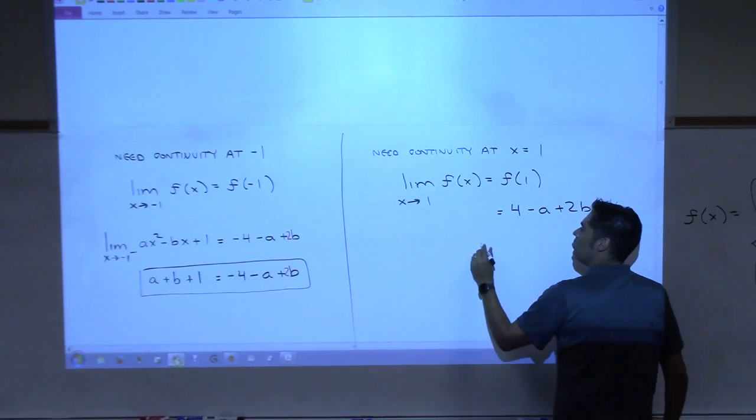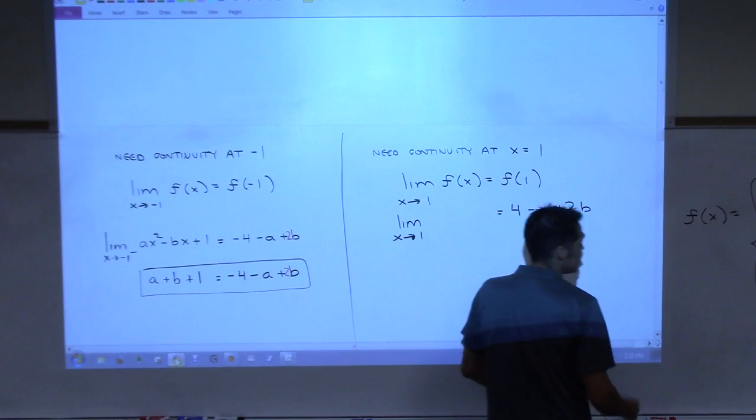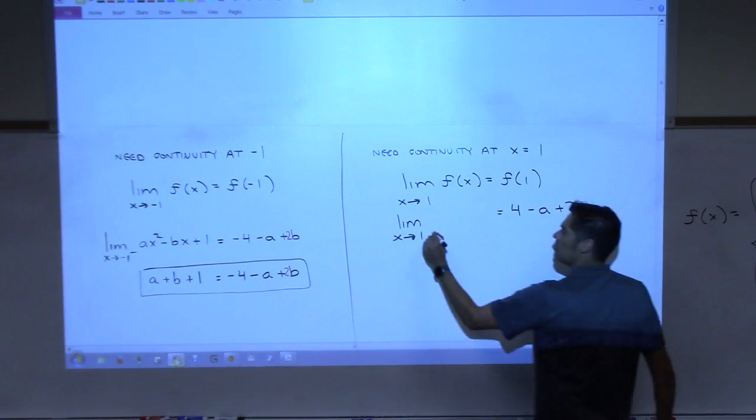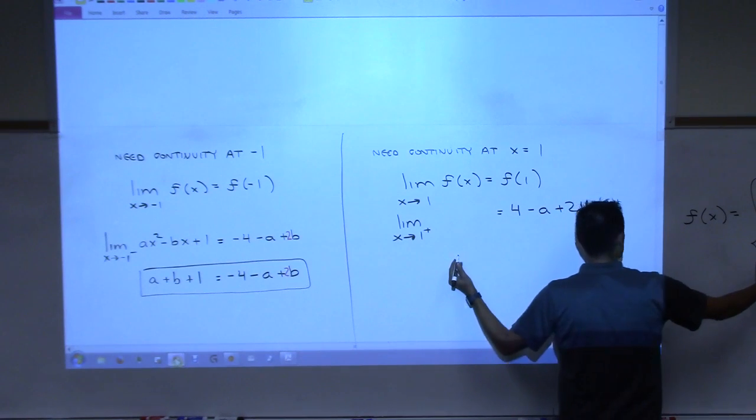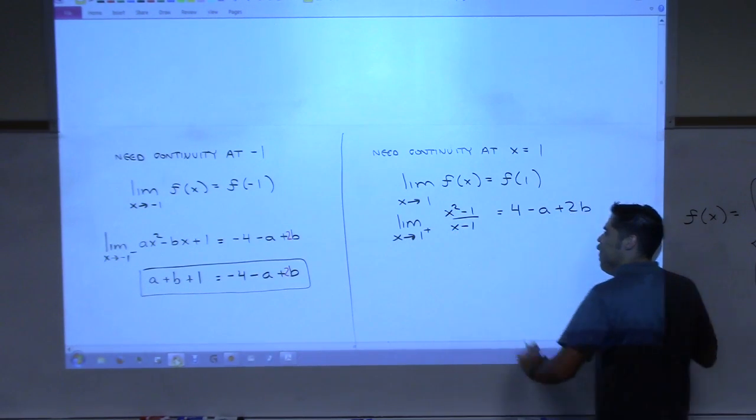And that must equal the limit as x approaches 1 from which side? The right side, because we're at 1 here. That means we need to come in from the right side, which is this function, to the right of 1. So the function I'm going to use is x squared minus 1 over x minus 1.